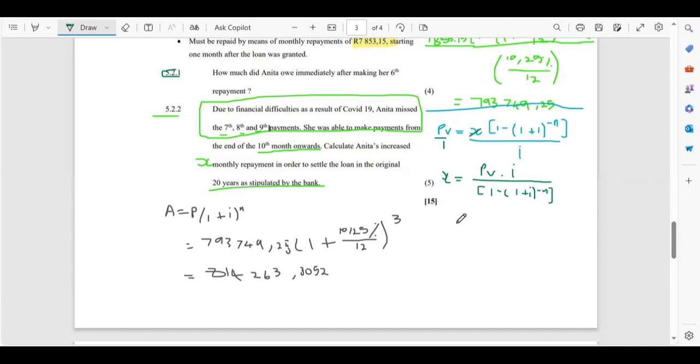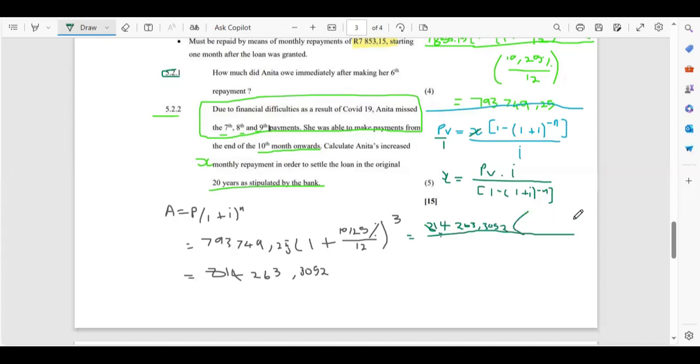From here, let's substitute what we have, and then we will punch this into a calculator. So this is equal to, let me just draw a line. Now, the present value, this is the amount they owe. So my present value in this case will be 814,263.3052. Now, I need to multiply this by my interest.